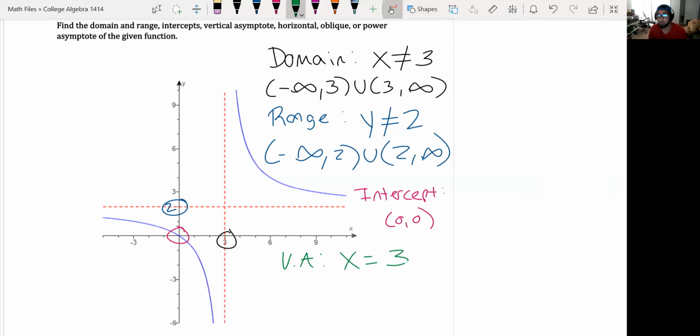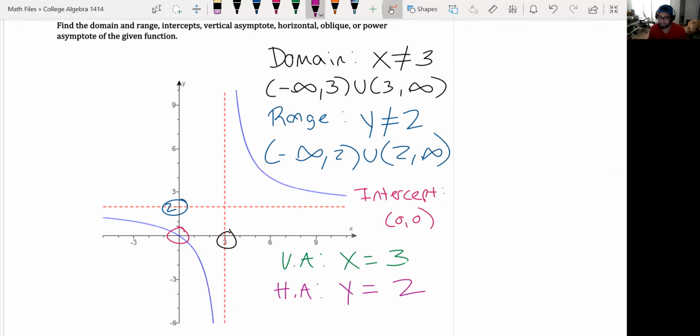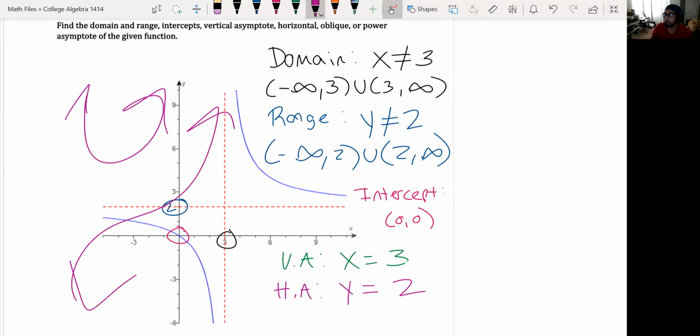And then we have a horizontal asymptote, which is that horizontal line at y equals 2. There are no obliques. You don't see any slanted lines here. And there are no power asymptotes. When we say power, you don't see any parabolas or cube roots or anything like that.